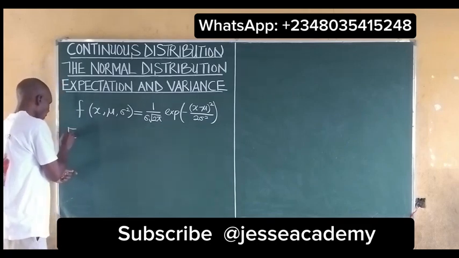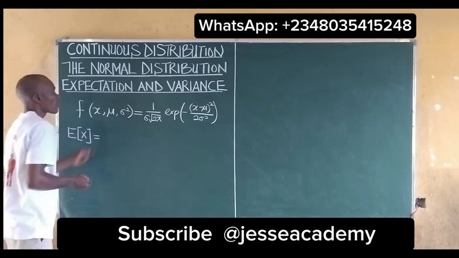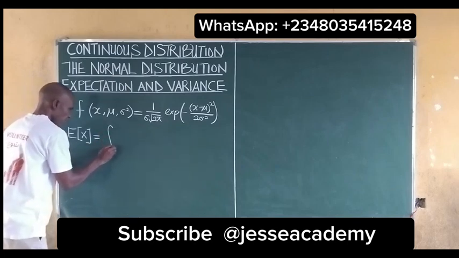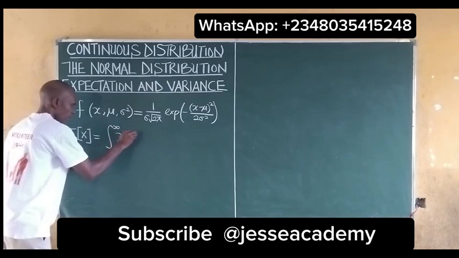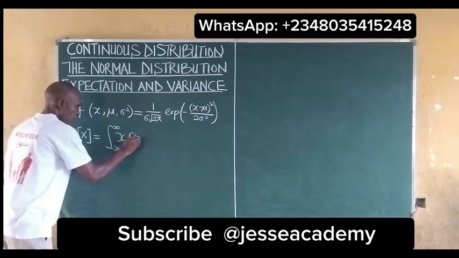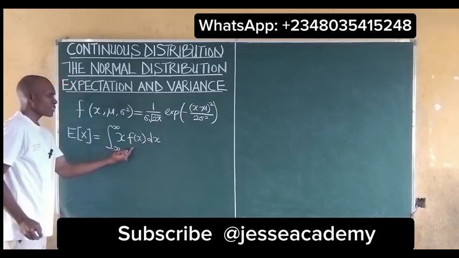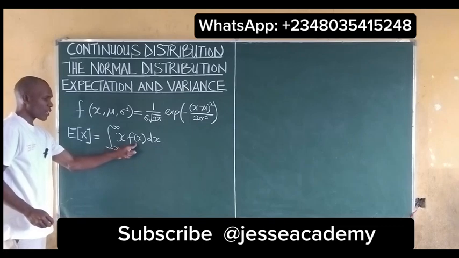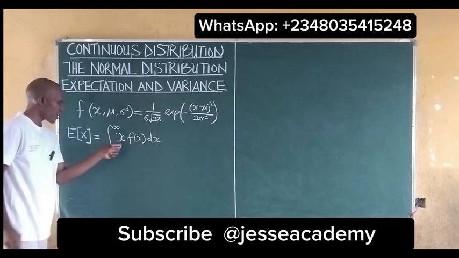First, the expectation of x for the continuous distribution is given as the integral from negative infinity to infinity x multiplied by f of x dx. So this is the expectation of x, and this is the PDF. So we multiply it by this variable here.